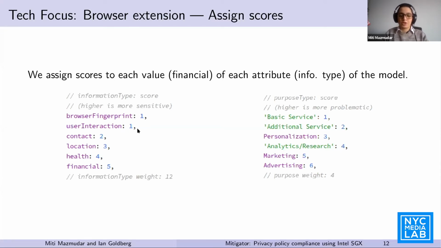And not sharing an information type gives it a better score than sharing it, and not collecting an information type at all gets an even better score. And so finally, for each information type, we have a final score that is made up of weighted scores of all these different fields, such as the purpose of use, how it's collected and shared.